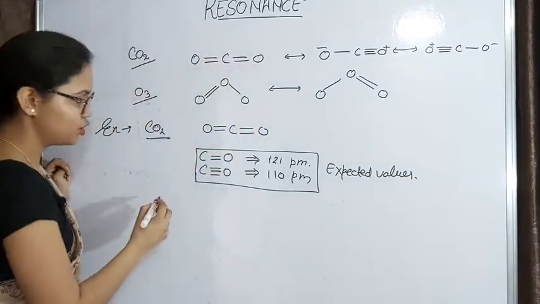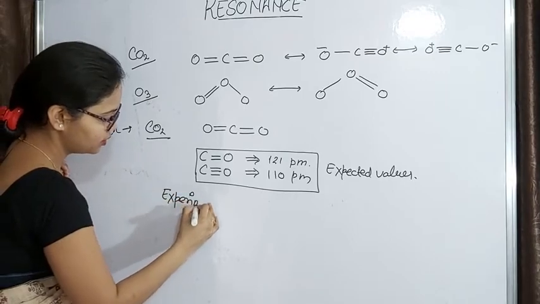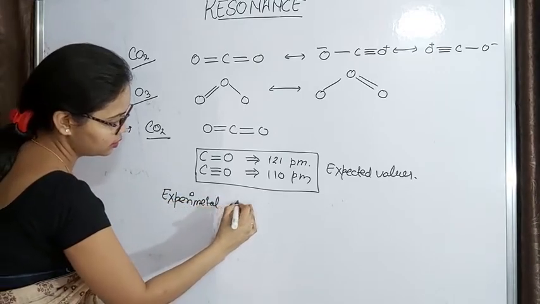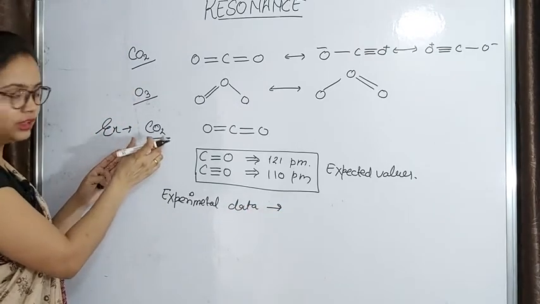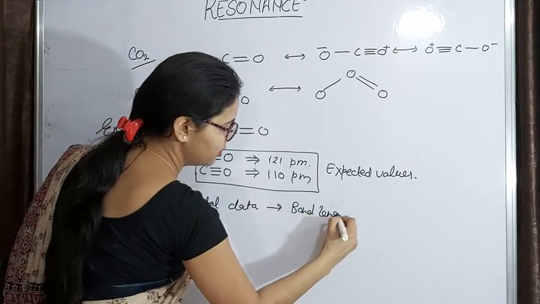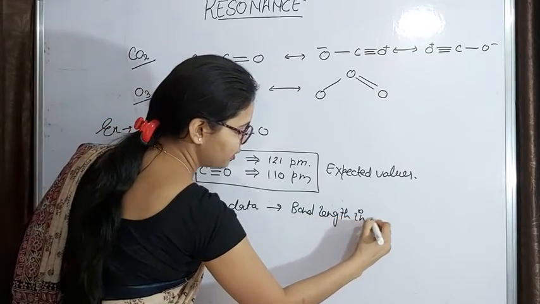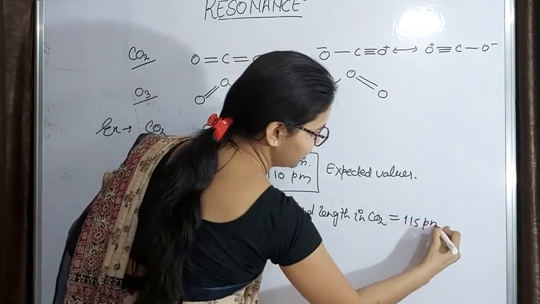Now let's talk about the experimental values. Experimental data says that the bond length in the CO2 molecule is equal to 115 picometer.